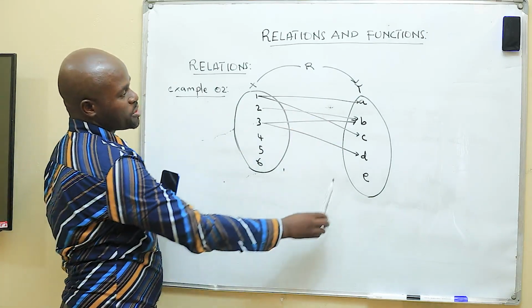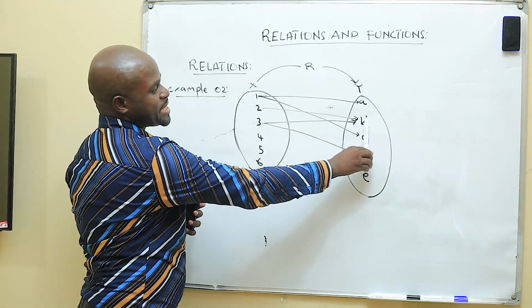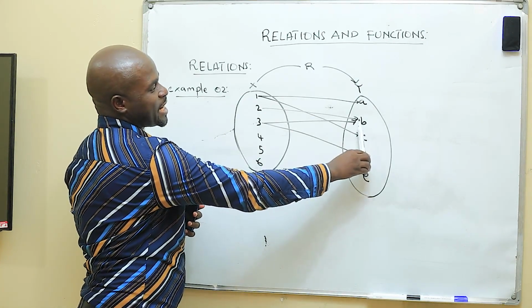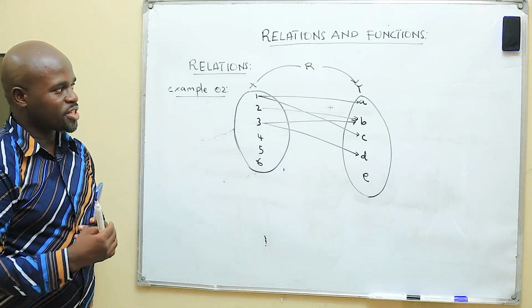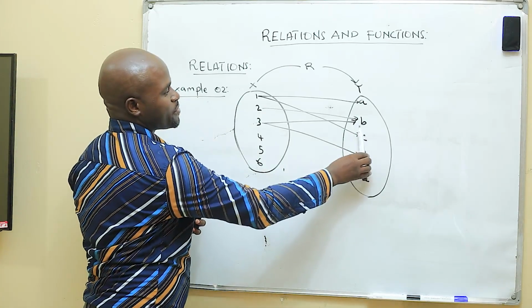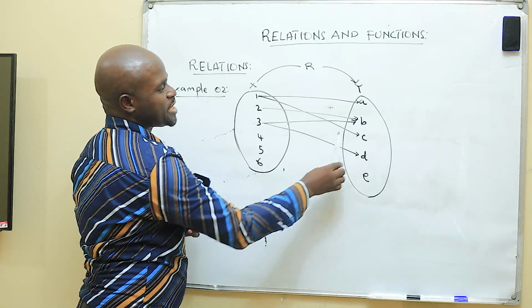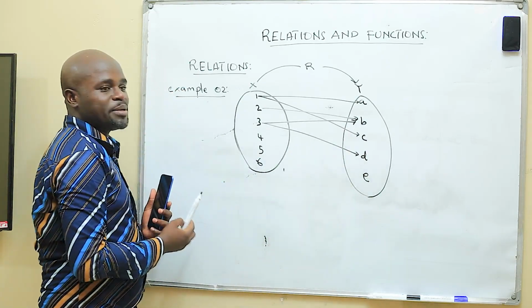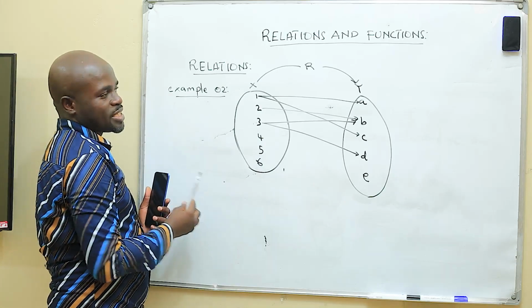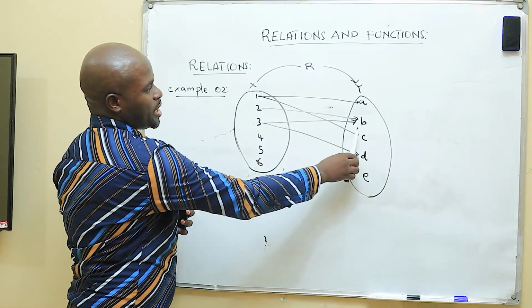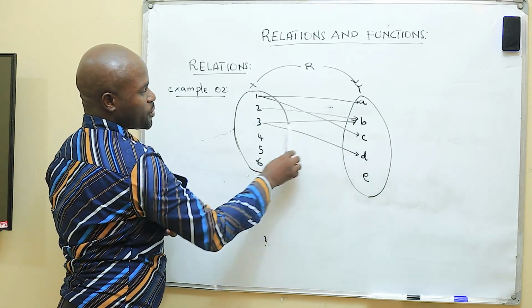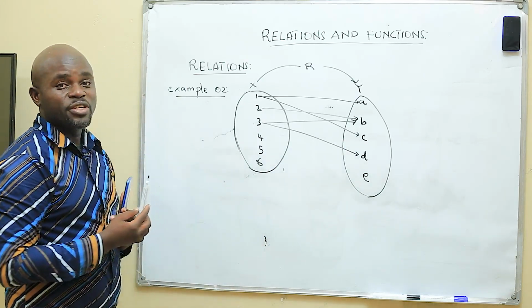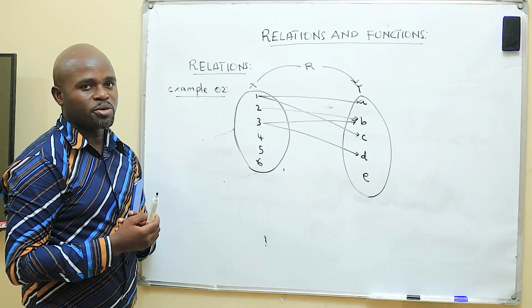But also, if you see B, an element of the second set, it can relate with more than one element of the first set. As you can see here, element B goes with number 2, but also element B goes with number 3. In relation, this is possible, no problem.